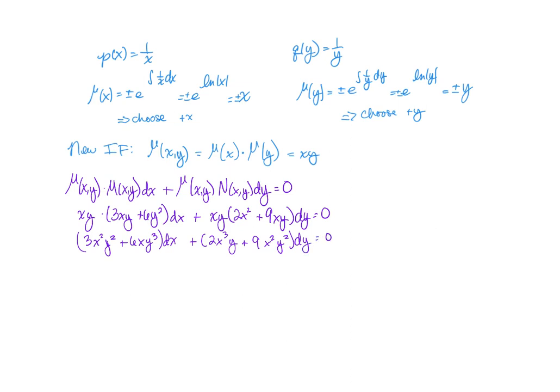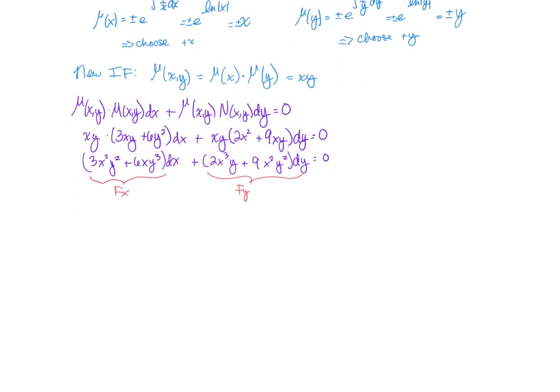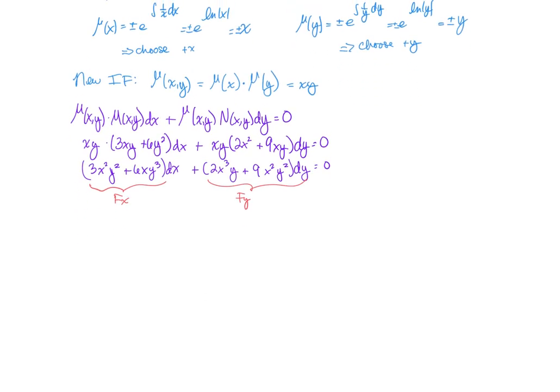We have a new f sub x and a new f sub y. So I think I'm going to choose to start with f sub x because I think that would be a little easier to integrate.